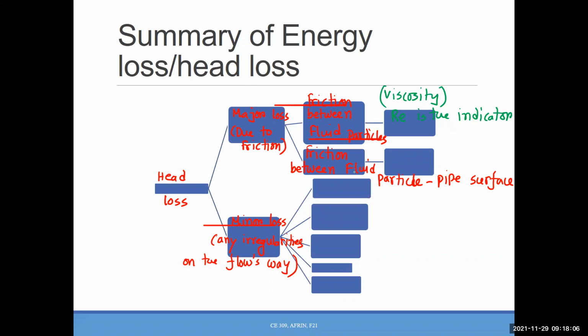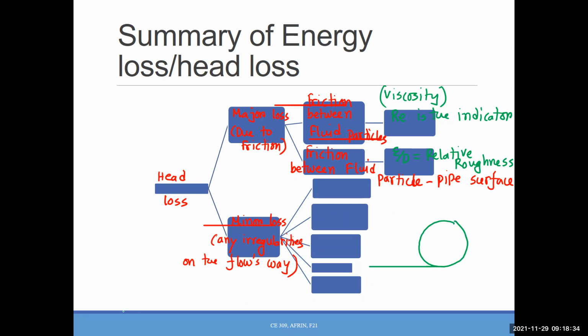And for friction between fluid particle and pipe surface, there is another thing called epsilon over D, which is relative roughness. D is the diameter, you know that, but you don't know the epsilon. What is epsilon?